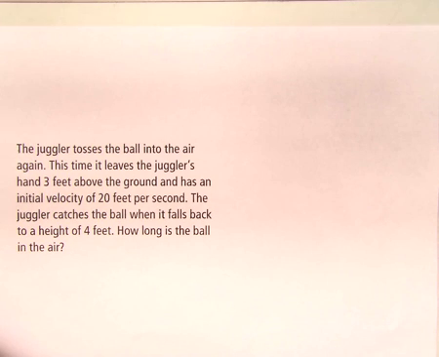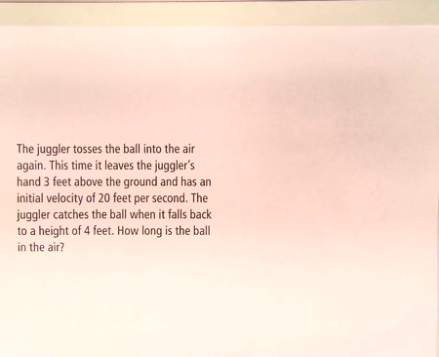Whenever we have a problem where an object is thrown in the air, there is a specific equation that mathematicians and physicists have come up with, a generic equation that gives you a pretty good estimate of how long that object will be in the air.